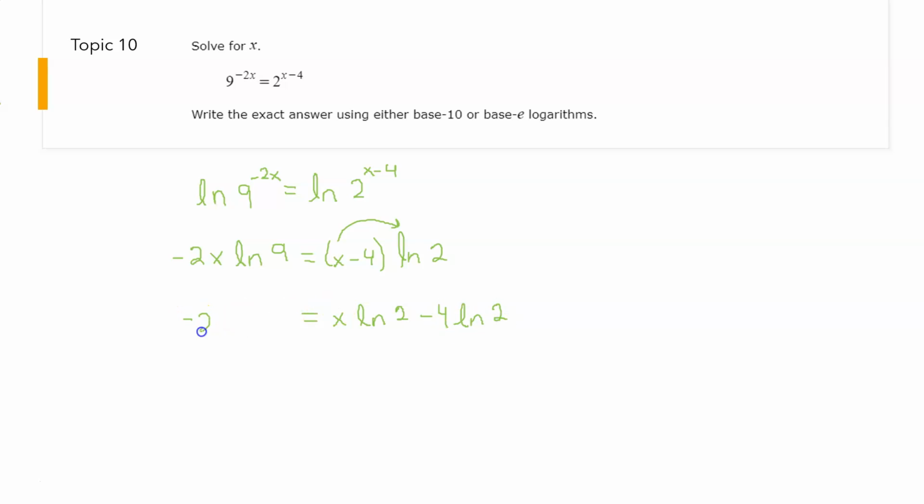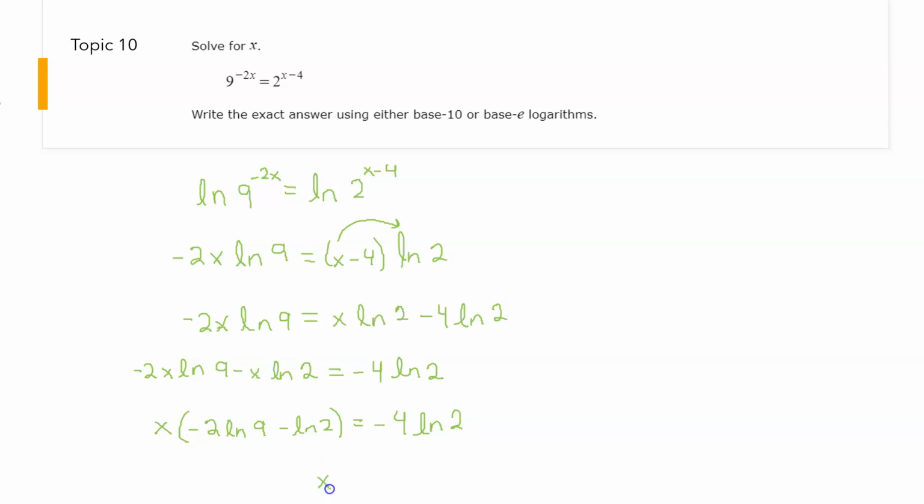And in this case, you have negative 2x natural logarithm of 9. So we move the two expressions with x, the variable that we want to solve for, to one side of the equation, and on the other side we leave the expression that does not contain an x, and we factor the x as a common term. So this will be x times negative 2 natural logarithm of 9 minus natural logarithm of 2 equals negative 4 natural logarithm of 2.